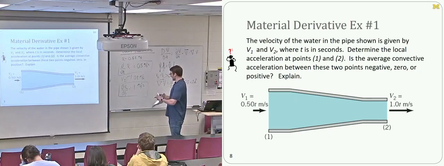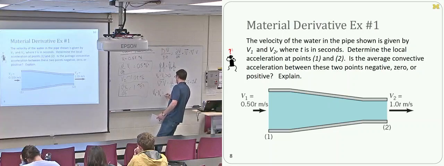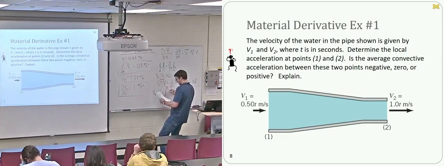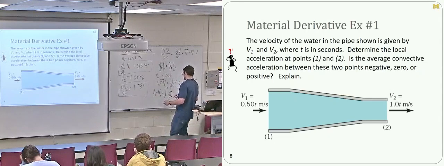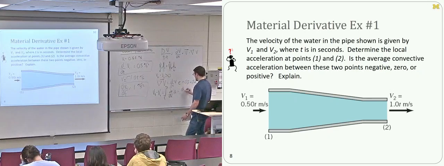V2 minus V1 can be written as the integral from x1 to x2 of dv/dx, which is equal to an average dv/dx times (x2 minus x1).